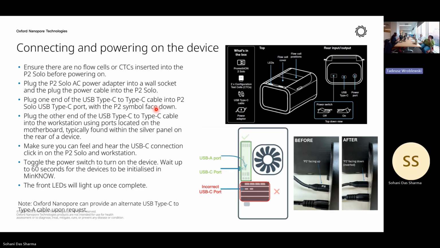We need to make sure the computer attached to the P2 Solo meets at least the minimum criteria which Oxford Nanopore has suggested, because we are not giving any computational support here. For P2i, you don't need to think about that because it comes with the platform. So it is a little bit more cost effective compared to P2i, but it comes with this kind of additional criteria, which depends completely on the user.